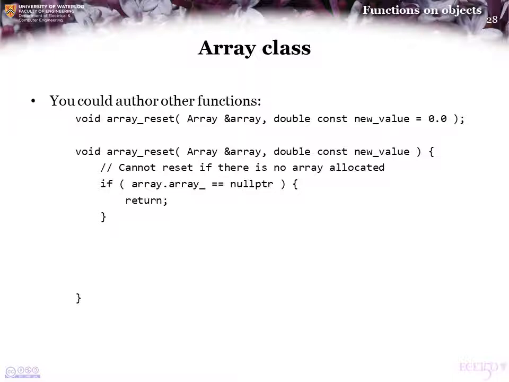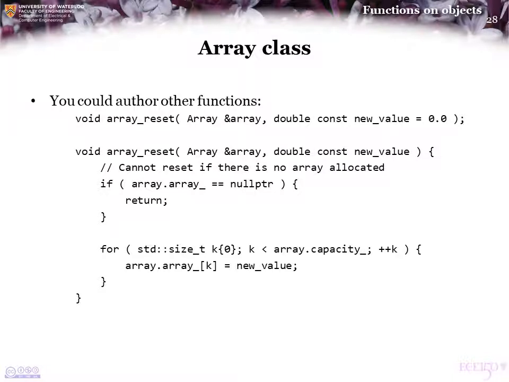So we're not even going to do anything, we'll just return. However, if the array member variable is not null pointer, we have a for loop that steps through the array and assigns each entry of that array the new value.